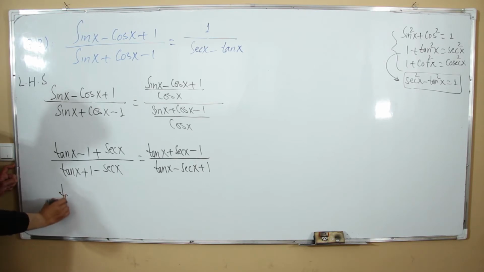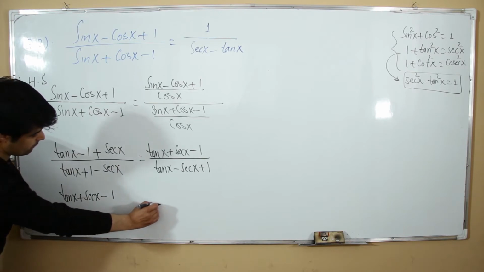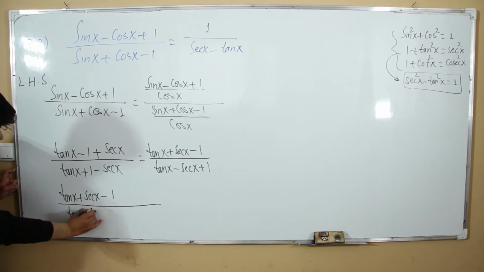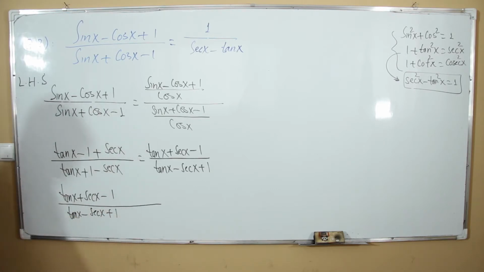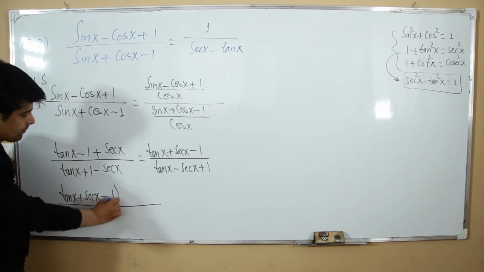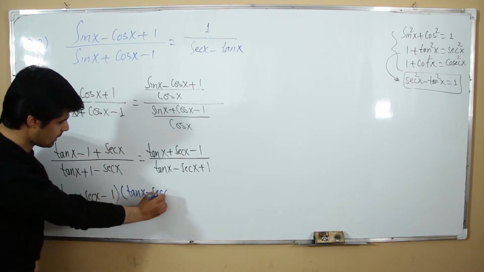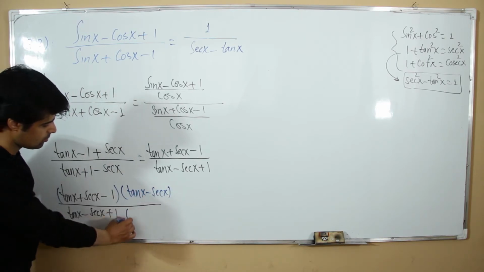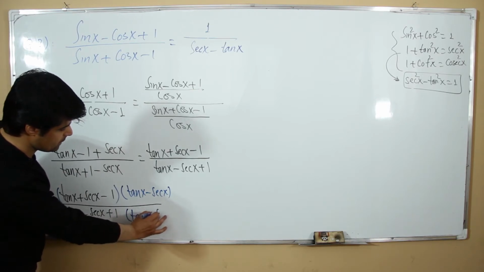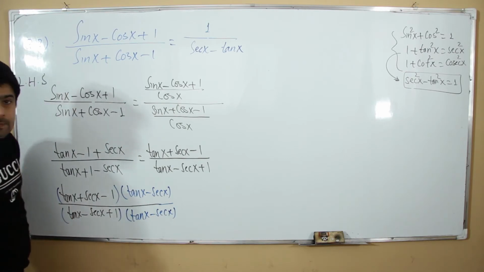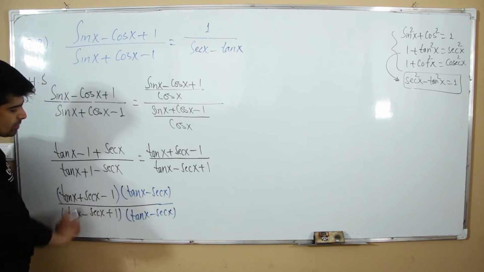So the numerator is tangent x plus secant x minus 1, and the second is tangent x minus secant x plus 1. Let me multiply this one with another pen. Tangent x minus secant x here, and here also tangent x minus secant x. Can I do this one? Yes. We can cancel this one, and our question is the same.